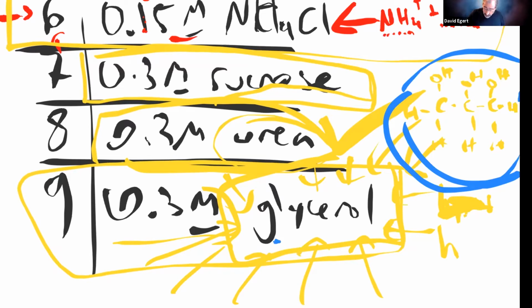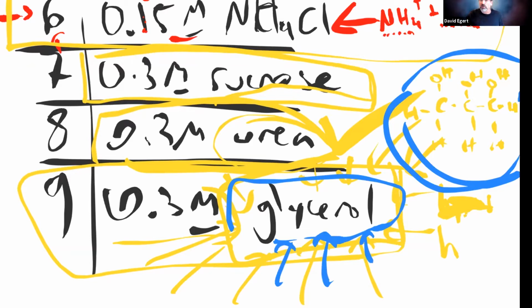So glycerol does have this non-polar quality to get into the membrane and cross, but it's not a pure non-polar thing. And it turns out it depends on the animal.